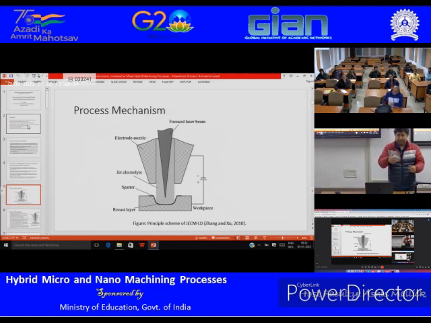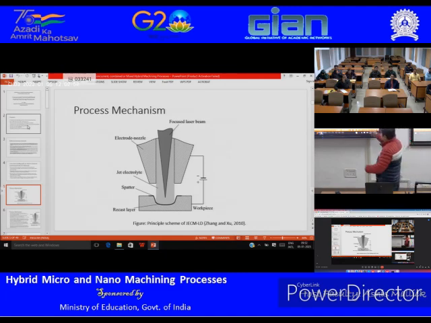And even if you focus the laser first and then start the electrochemical jet, the effectiveness decreases by 20%. If you consider the effectiveness of the laser in air as 100%, then the effectiveness of the laser within the electrochemical jet is about 80%. So that means effectiveness decreases. That's another scope of improvement.